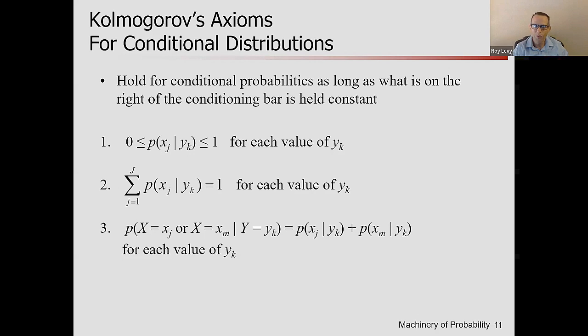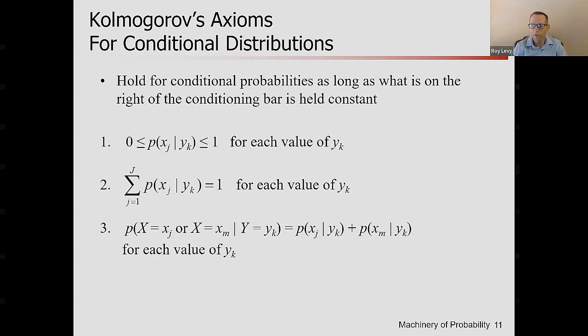All the rules for probabilities hold for conditional probabilities as long as we're doing the same conditioning throughout. These axioms are pretty much the same thing we had, I don't know, 5, 6, 7, 8 slides ago when we talked about the rules for probabilities, only now instead of p of x in parentheses, it's p of x vertical bar y.